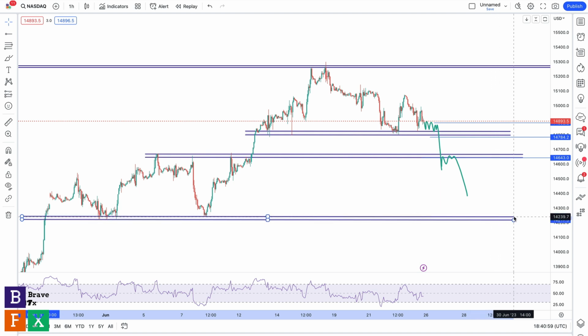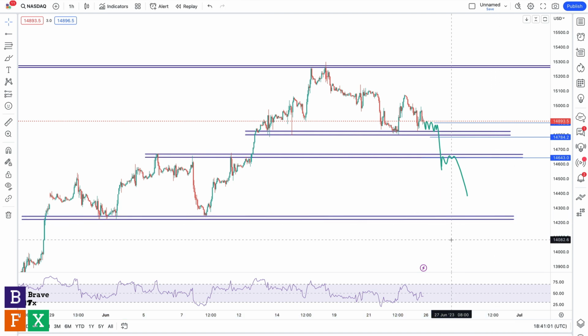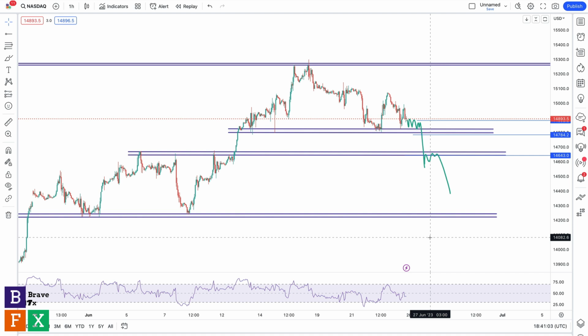Then the next price target, if we take out the other area of value, would be this one. So this is how you trade price action when you are trading against the trend. You take out the levels one at a time as the price evolves, so you don't just jump into sell trades. If you are a risk taker, let's say you're going to go long when we get into this area of value just because it's a bullish trend, then your stop loss will just be below the support level, while your take profit can go as high as this resistance level.